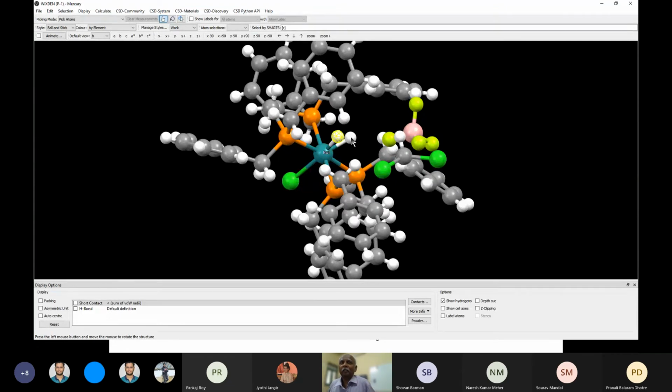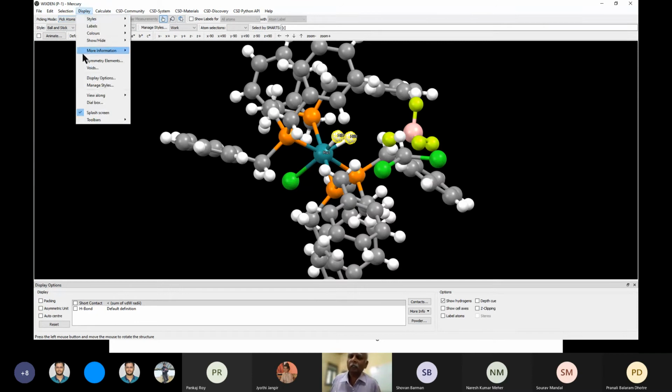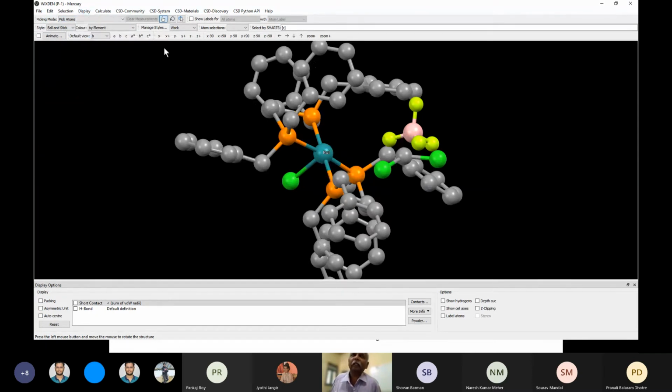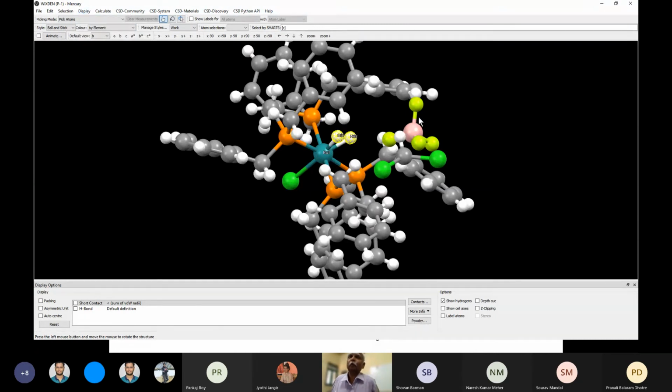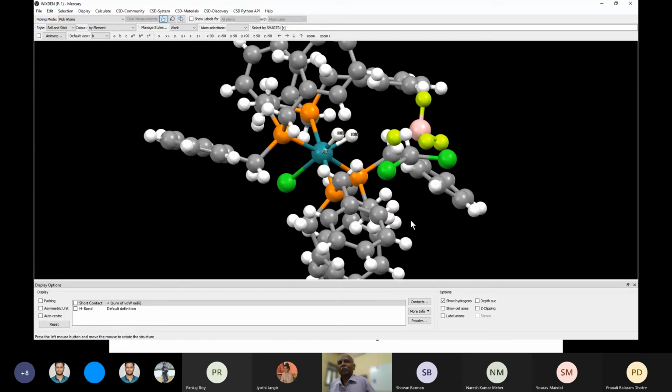This is a structure characterized by Professor Jagirdar. I don't know whether I can really hide the hydrogens here selectively. If I say hide the hydrogens, then everything is hidden. So I have to show them. So I hope you will be able to see it.